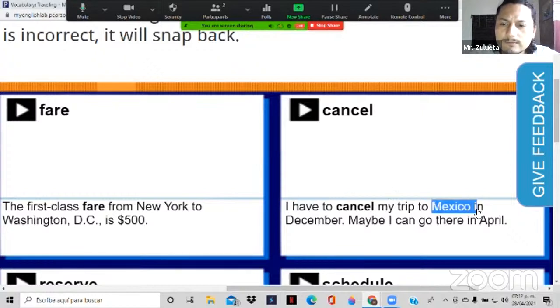So this is what I mean. Sorry, this is what I mean when in reading you have Cancel. Okay. This is what I mean when, for example, you see a Spanish word without la tilde, without el acento.